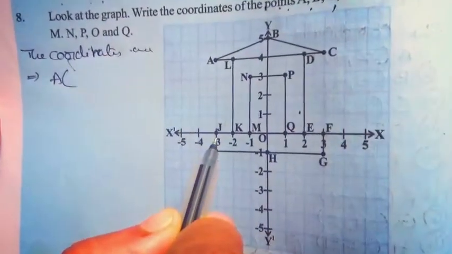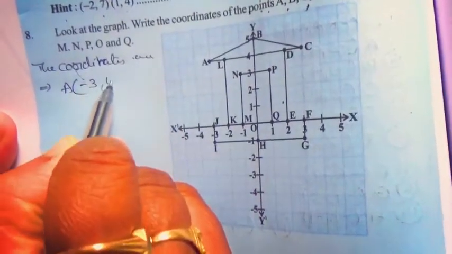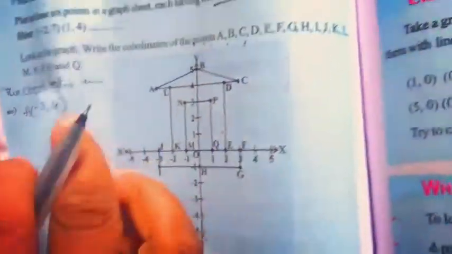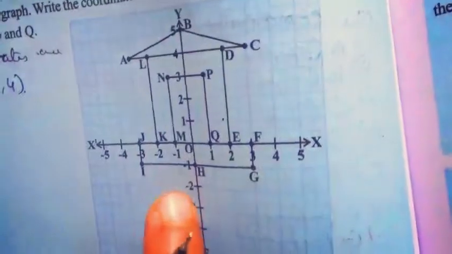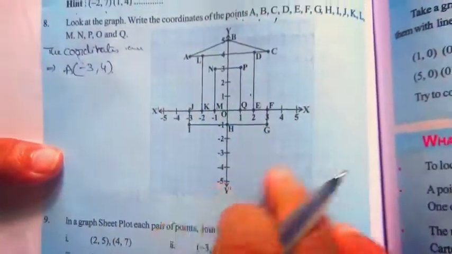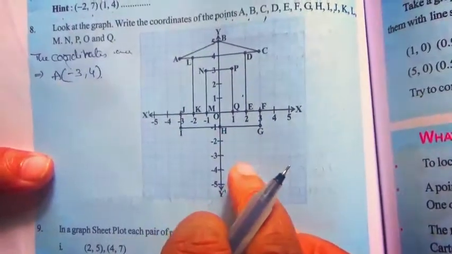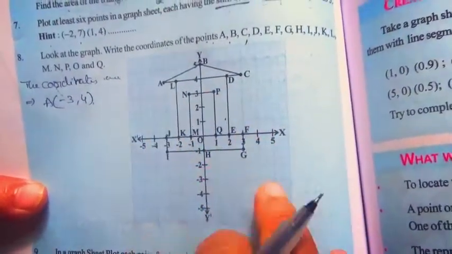On the x-axis minus 3, on the y-axis 4, so minus 3 comma 4. Just like this you have to write. I already explained this to you, right? Just like this, you just finish this graph. In notes you just draw this one and you just mark these points according to the graph.